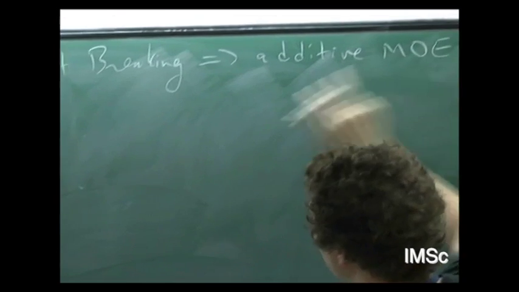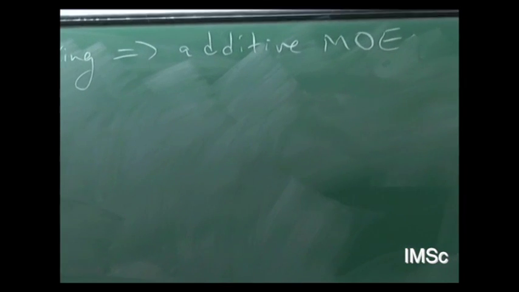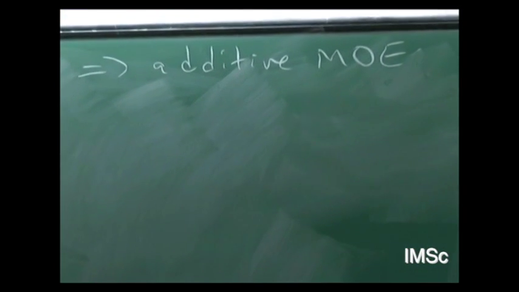Additive minimum output entropy is implied by entanglement breaking of the channel. So what should I do first?